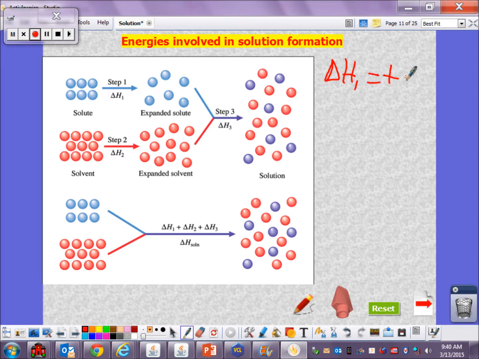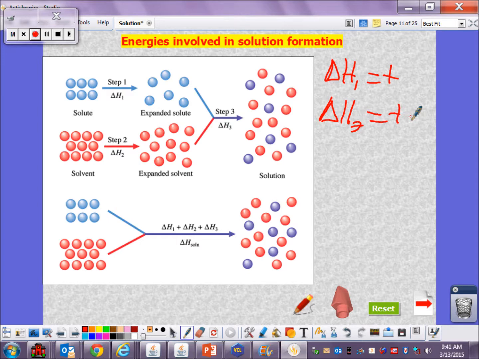We have a second step. The intermolecular forces between the solvent also need to expand. Let's say this is water, you are breaking the hydrogen bonds between the water molecules. So this is also endothermic. So you have delta H2, which is endothermic, positive.